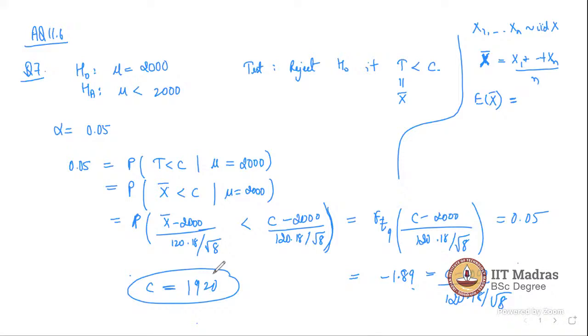So what is the sample mean that we are getting from the samples? 2082. So we can clearly see that this x bar is greater than C. So we cannot reject H0, right?